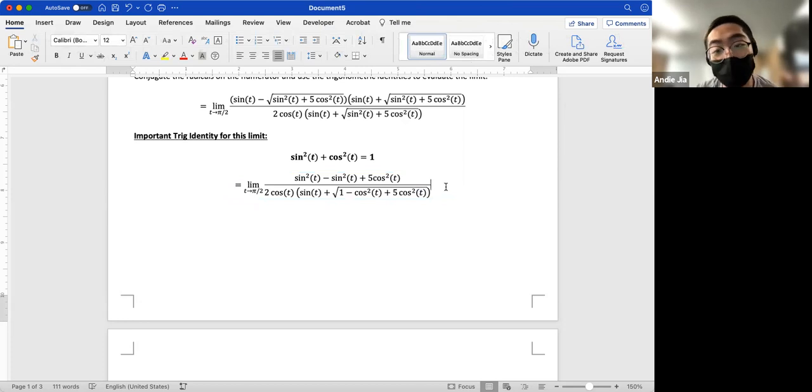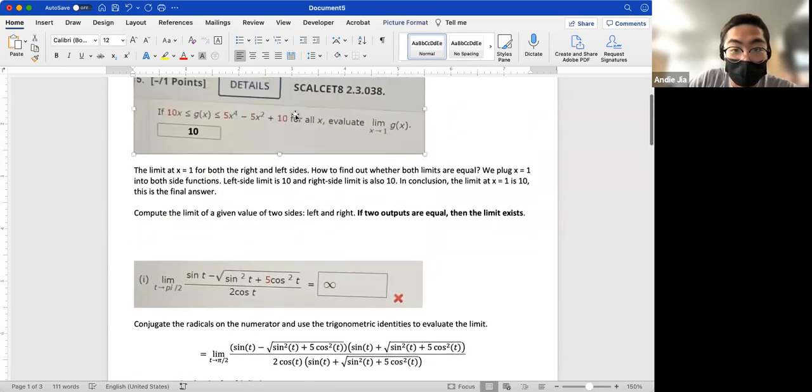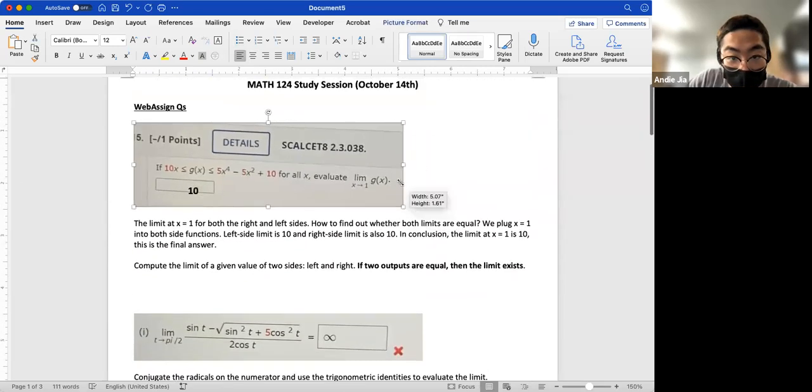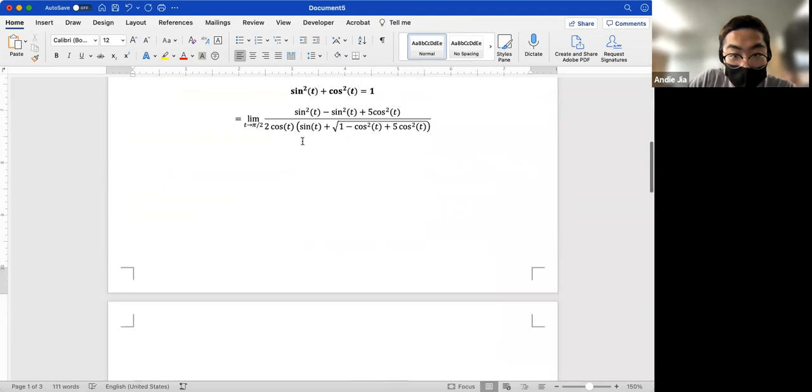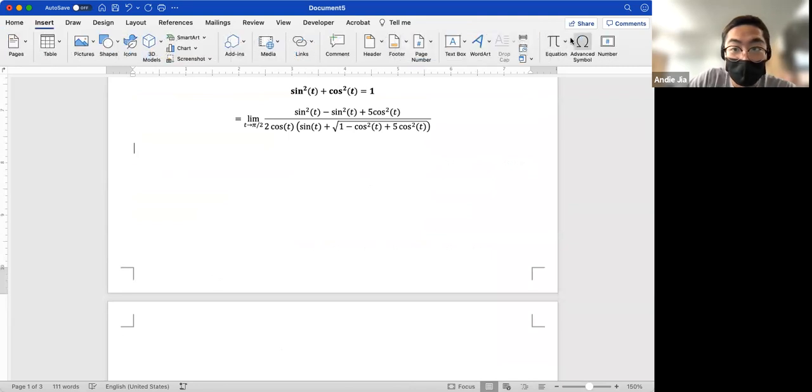Any observations? Don't be scared of this limit.